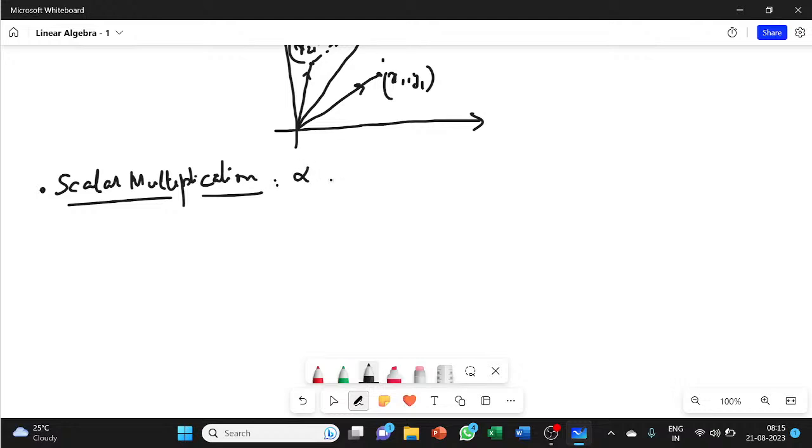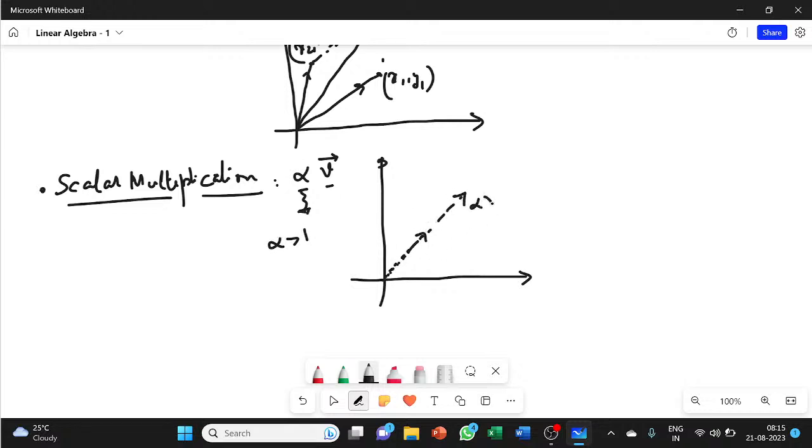Okay, so scalar multiplication. You understand what a scalar multiplication is? You just need a real number, and you multiply it with some vector. This is called scalar multiplication with respect to a vector. What do you get geometrically? You know that. Let's say this is your vector v. If I multiply it with alpha, which is greater than 1, then in the same line this will become your alpha v vector.